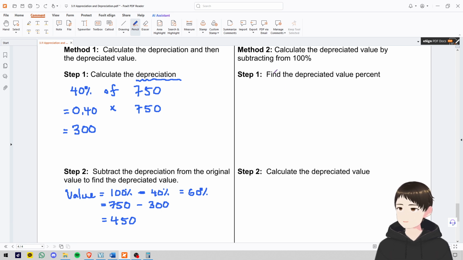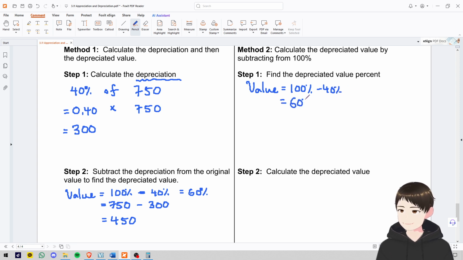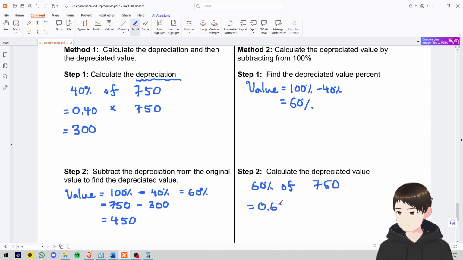Here on method 2, instead of calculating the depreciation first, I'm going to look for how much is left over. So find the depreciated value, and that value would be the 100% minus the 40%, which is 60%. Calculate the depreciated value is 60% of 750, which is, once again, change the decimal, change multiplication, 750, and the answer is 450.